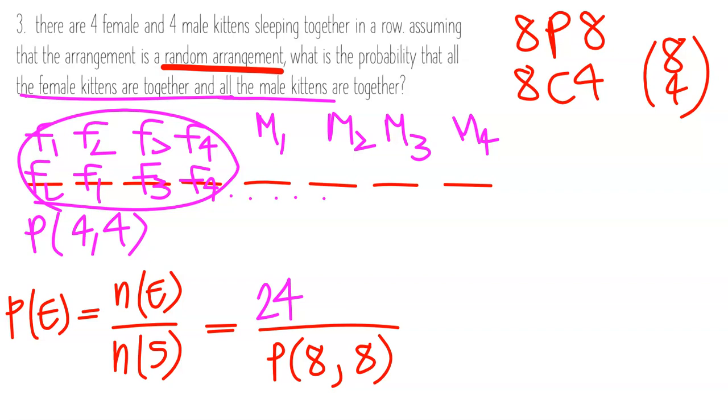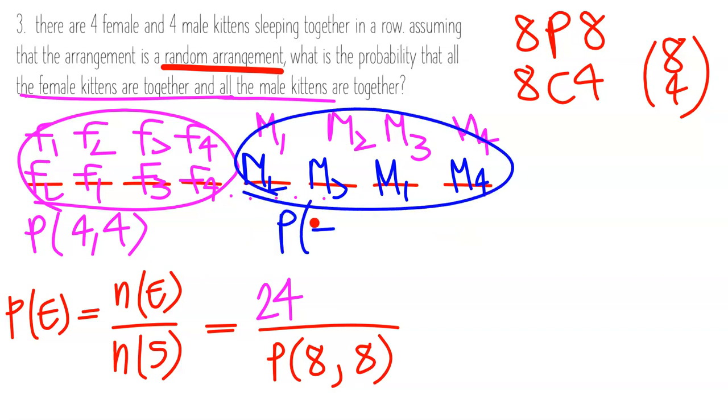Then I also want to know how many different ways I can arrange all the male kittens. I could have female 1, female 2, female 3, female 4, and male 2, male 3, male 1, male 4, etc. And then I could have this with another arrangement, and this with another arrangement. So this would also be the permutation of 4, 4. How many different ways can I arrange all 4 of those male kittens? I'm going to multiply those together, and I end up getting 24 times 24.